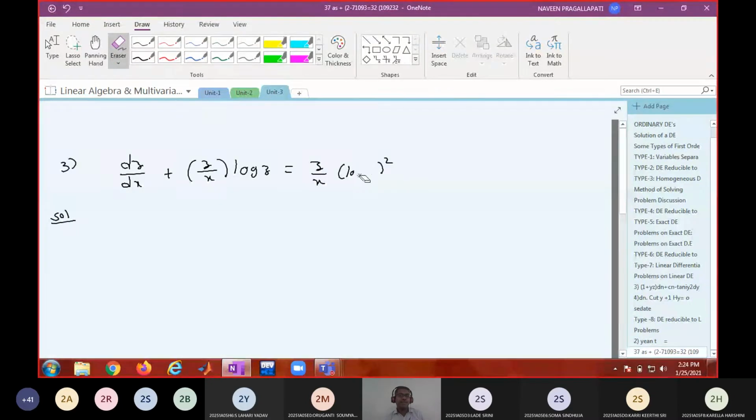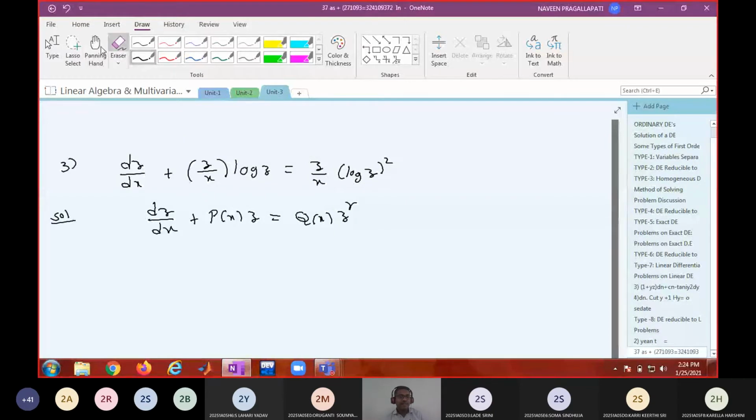What is the general form of Bernoulli? dz by dx plus some p of x into z must be equal to q of x into z power r. If it is like this, then only it will be Bernoulli.